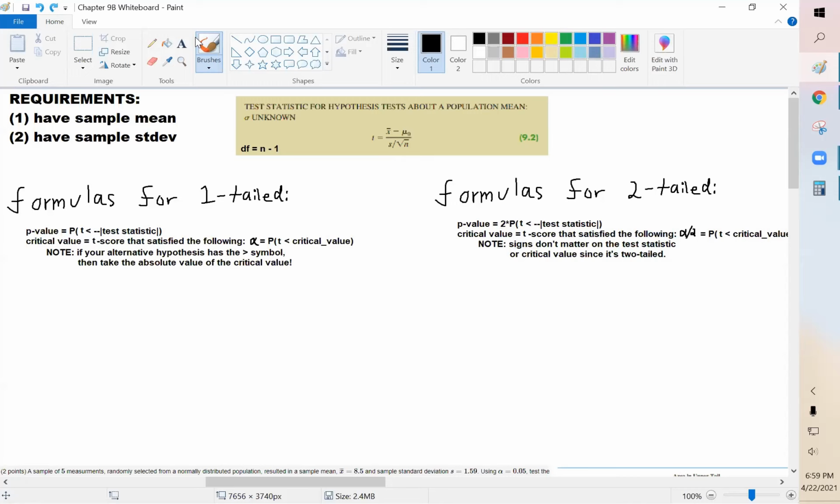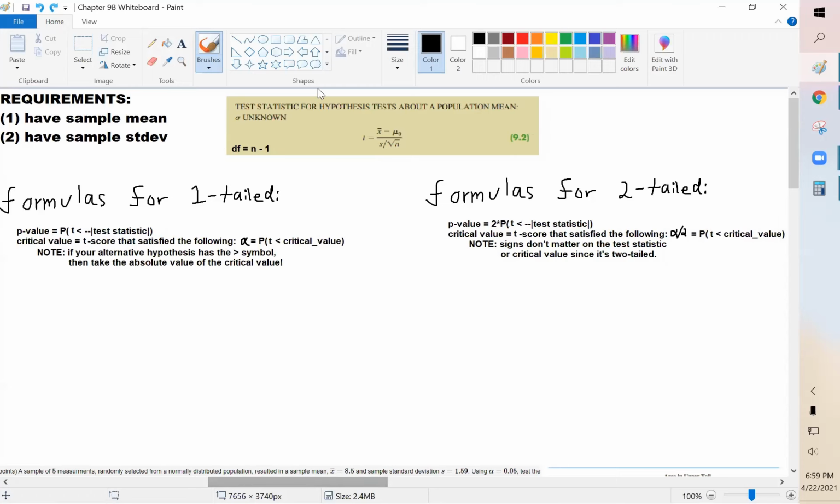And if we're doing the critical value, it's the t-score that satisfies alpha, P of t is less than critical value. And I'll show you how to get that. And like before, if you have the greater than symbol, then you got to make that critical value positive. For two-tailed, same concept as with the other two tails, where we double our p-value or take half of the alpha for the critical value.